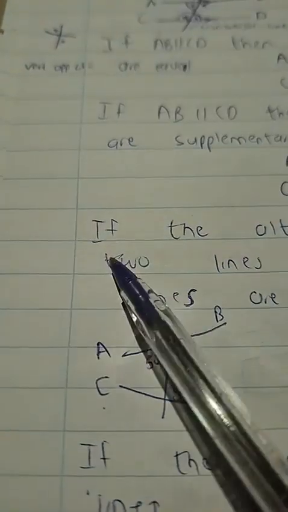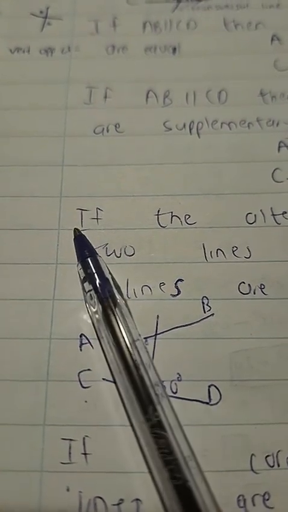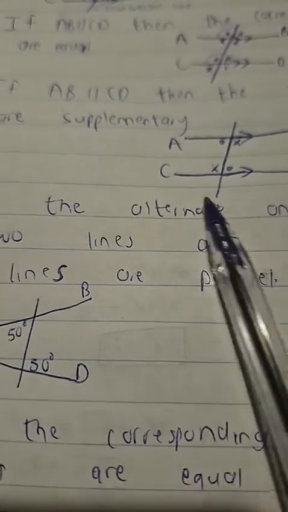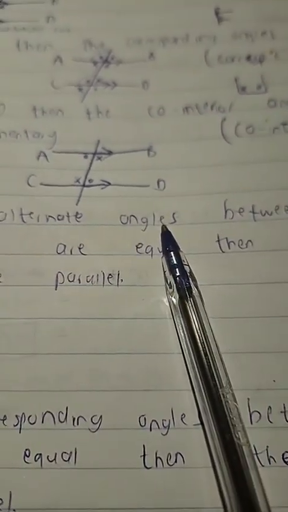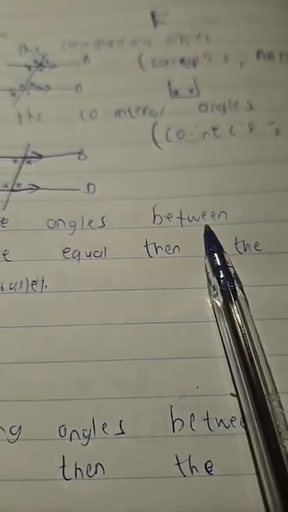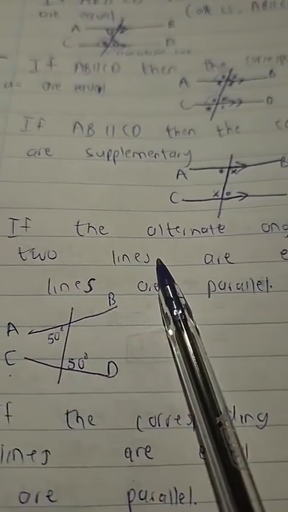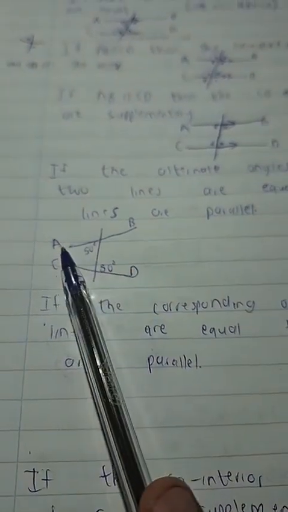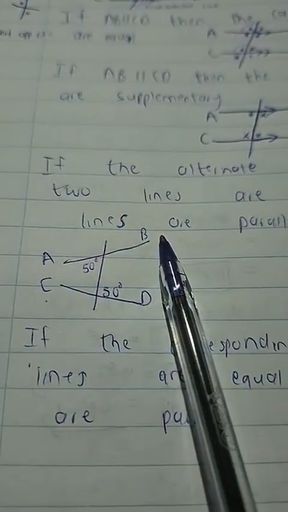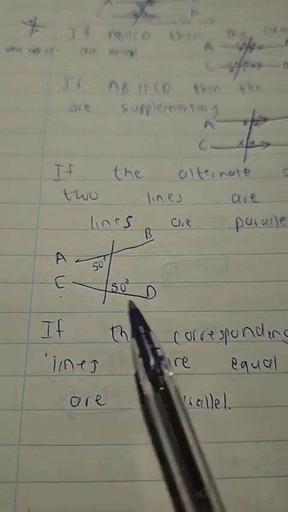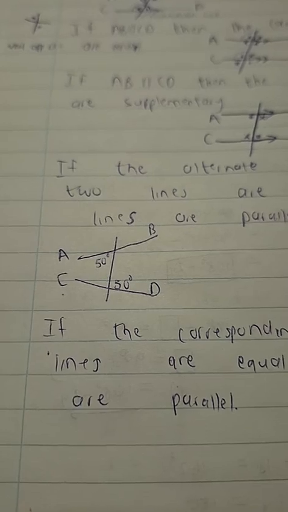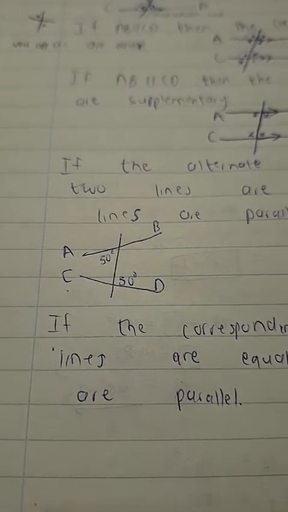So I want to go back to the statement here. The statement says, if the alternate angles between two lines are equal. Now let's come to this diagram. This is AB. This is CD. And yes, when you look at them, you're like, these lines do not give me parallel vibes at all.